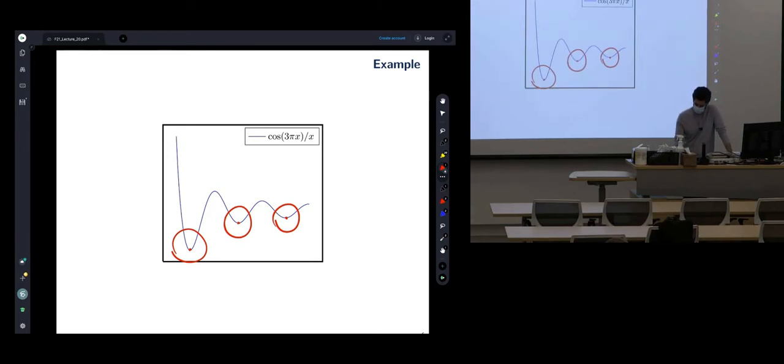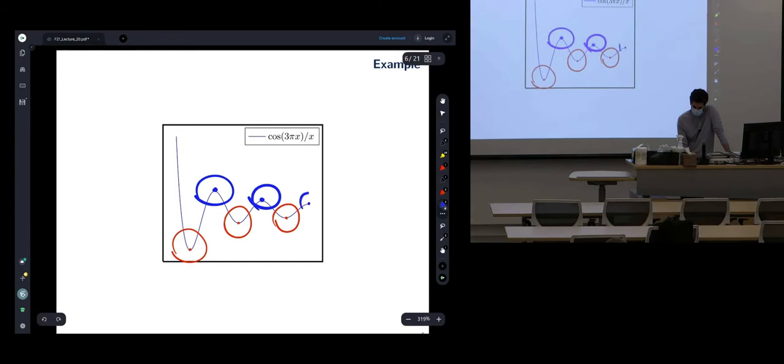What about maximum? The opposite peaks? That's a great question. What are the endpoints? Well, these are local maxima. It is true that in principle, this can be a maximum, right?